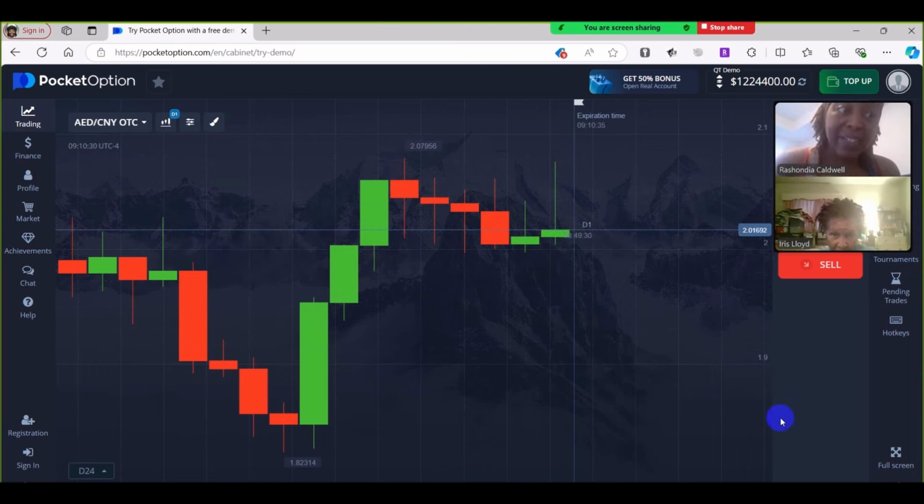It's a green candle. So no matter what time of the day it is, when you come and you look and see where you are with the daily candle, you're going to look to the previous candles, because the previous candles are the breadcrumbs of your success.